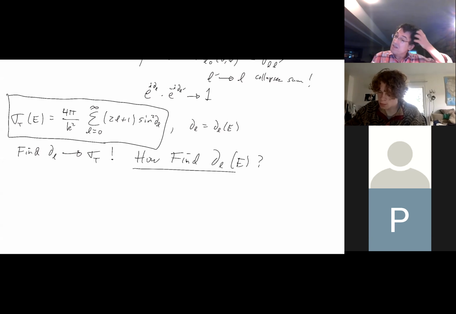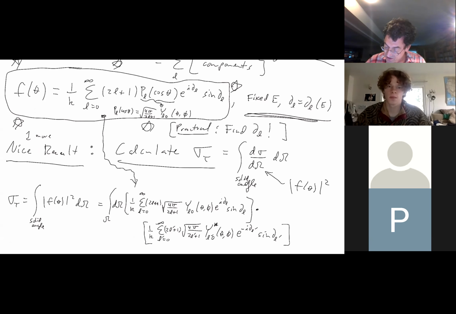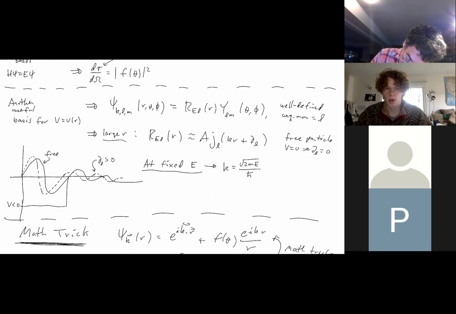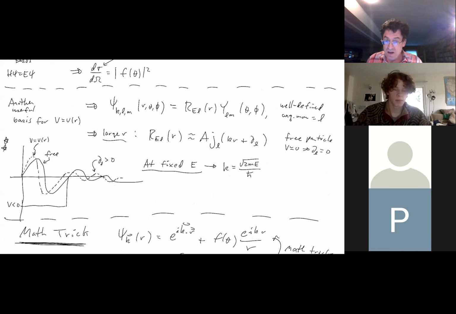And the answer is easy. There's a very simple way to do it. Let's remind ourselves what the phase shift is. Going back to this picture, I'll put a little star here, two little stars, that's where I'm at.